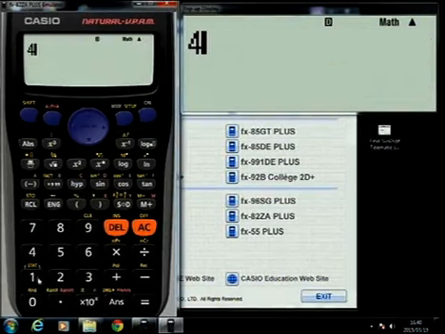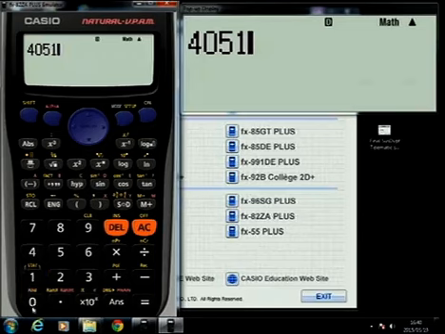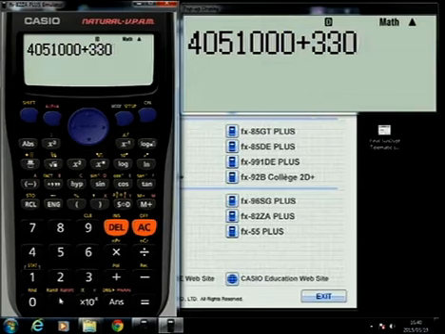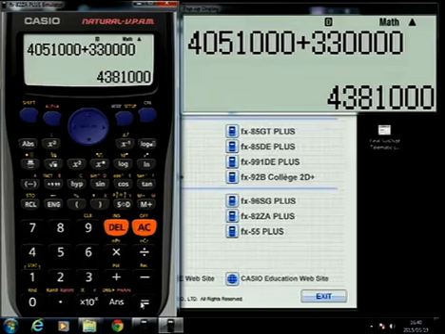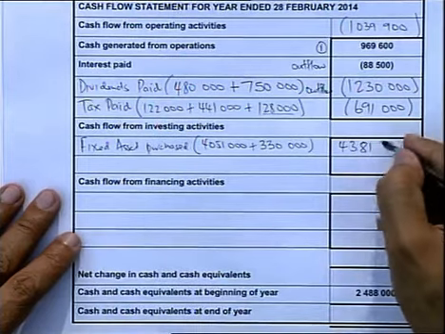So it's going to be 4,051,000 plus 330,000. That gives us 4,381,000.